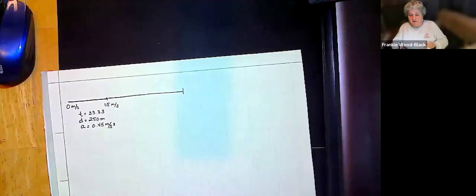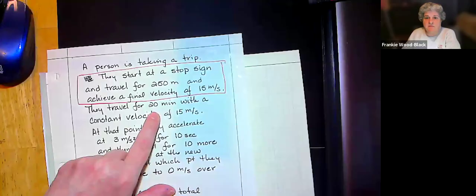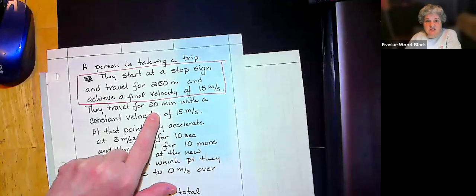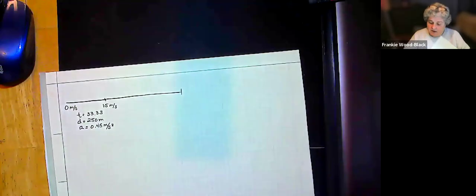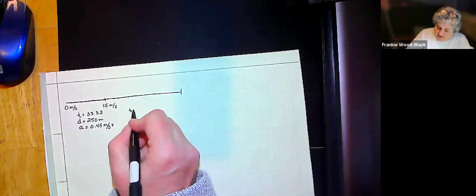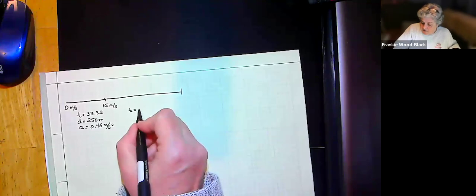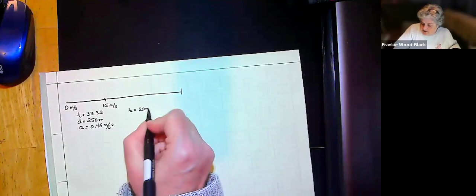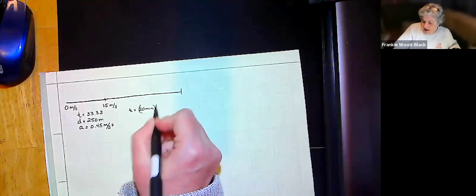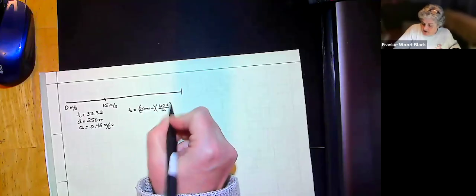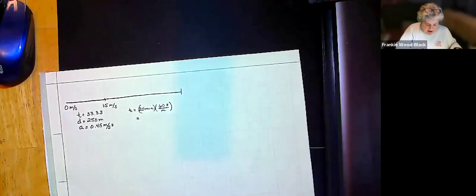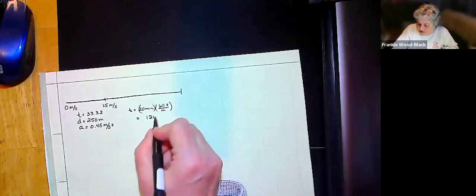This next part, we're going to travel for 20 minutes. Oh, everything's in seconds, so I better figure out my time. The time for this is going to be my 20 minutes, and there are 60 seconds per minute. So I'm going to be able to calculate my time, and that gives me 1,200 seconds.